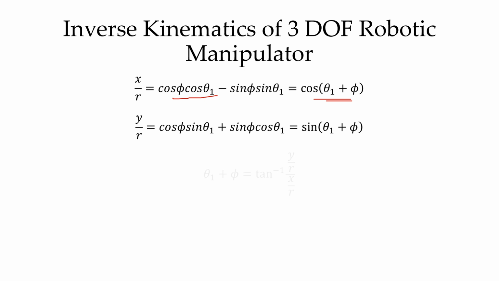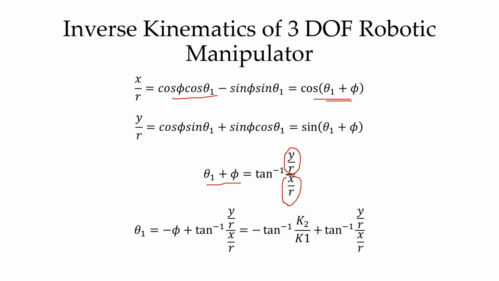Now using these values, we can get the expression for theta 1 plus phi, which will be equal to tan inverse y by R by x by R. Now from this we can get the value of theta 1. This will be the expression.